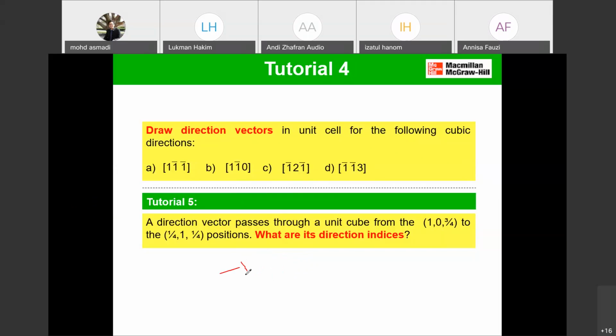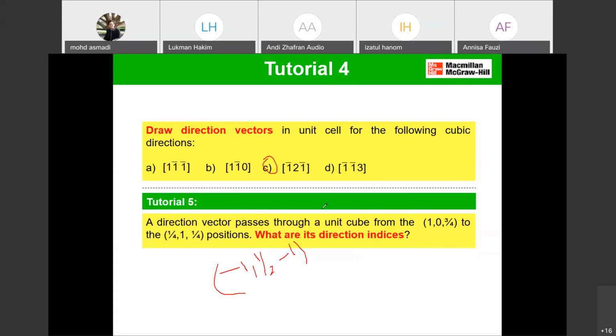Negative 1 half and negative 1, isn't it? This is the coordinate for C.